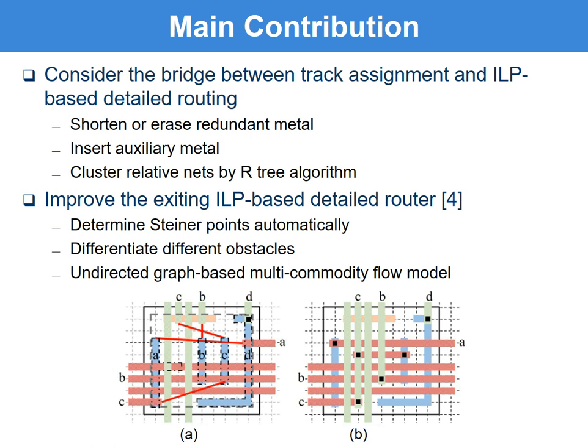With our ILP formulation, we can effectively determine a proper standard point for multi-pin net C. Additionally, we do not consider net B's wire segment as an obstacle, allowing for greater flexibility in the routing process. Furthermore, we transform the routing model into an undirected routing model, which reduces the complexity of the ILP formulation.